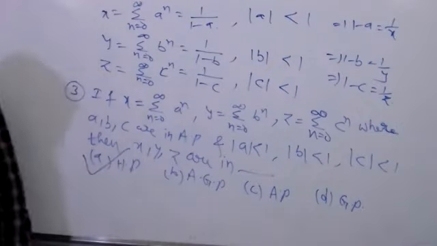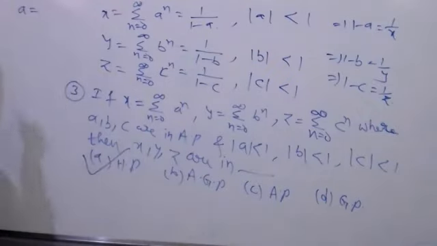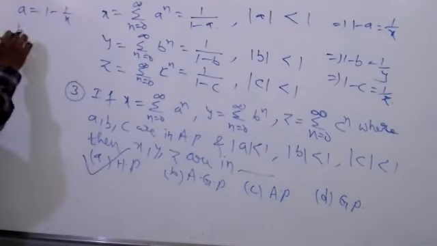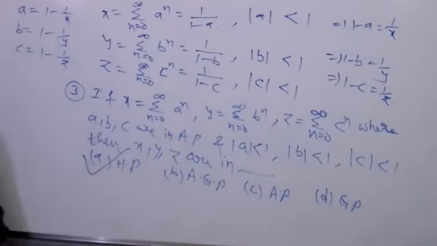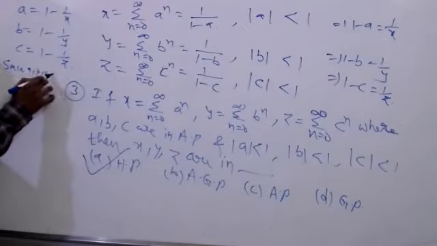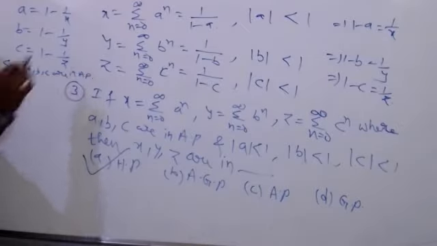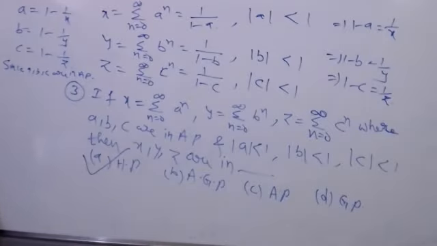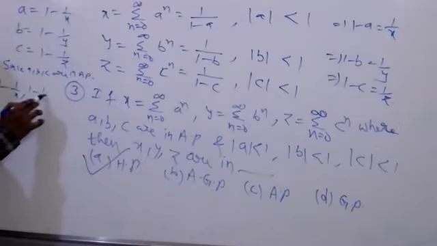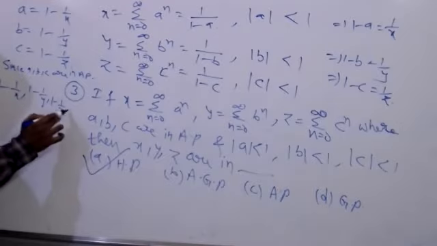Then mod b is less than 1, mod c is less than 1. That implies 1 minus a is equal to 1 upon x, 1 minus b is equal to 1 upon y, 1 minus c is equal to 1 upon z, right? Then a is equal to 1 minus 1 upon x, b is equal to 1 minus 1 upon y, c is equal to 1 minus 1 upon z. Since a, b, c are in AP, 1 minus 1 upon x, 1 minus 1 upon y, 1 minus 1 upon z are in AP.